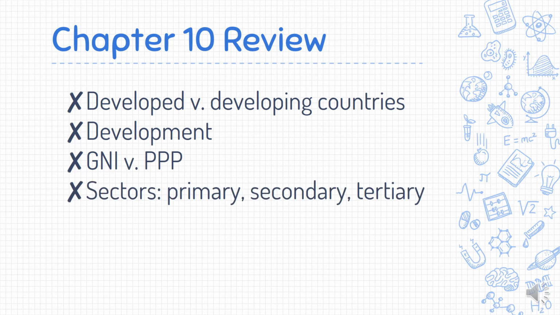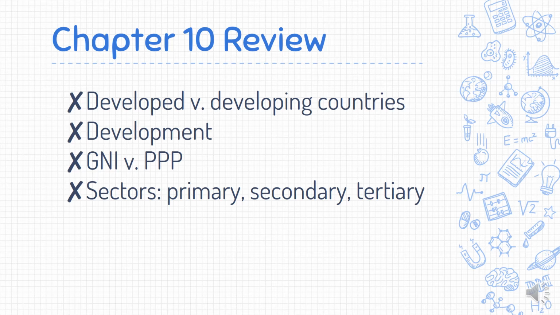So we also talked about sectors of the economy. This is another measure of the standard of living. We talked about the fact that there is a primary, secondary, and tertiary, or third, sector. And you can identify where different members of your family work and in what sector they work based on these descriptions. We said that the primary sector consists of people who extract materials from the earth.